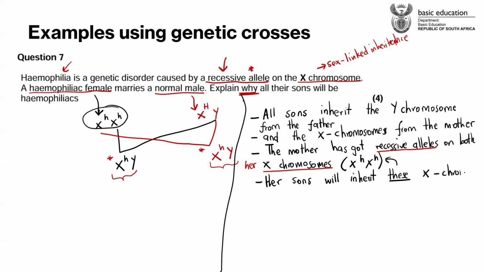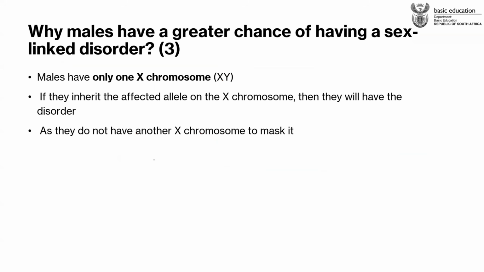And you can say that you are even done here, because we've already explained that the mother has both recessive X chromosomes. So basically, when we take the Y chromosome from the father and fertilize it with the X chromosome from the mother, automatically the son that is going to be made will have hemophilia, resulting in hemophilia, making them hemophiliac.